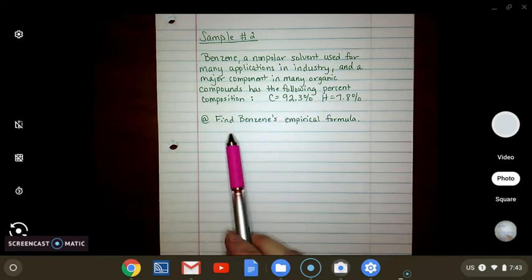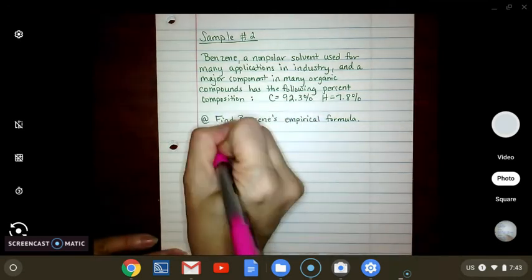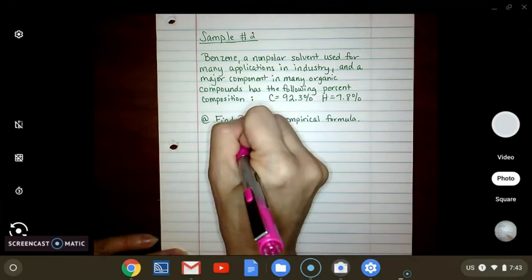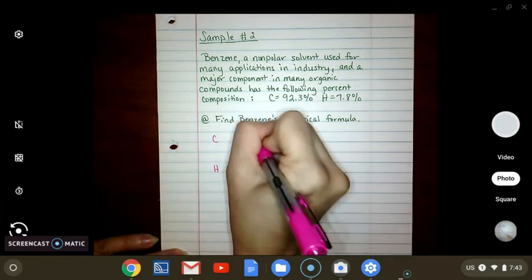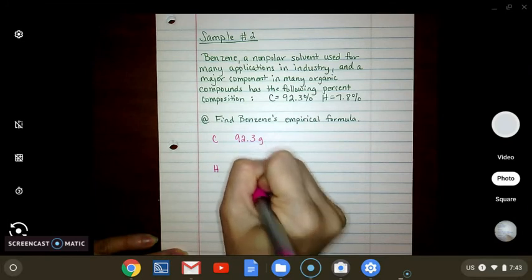You've got two things you've got to do. First, you're going to find benzene's empirical formula. So you've got carbon and you've got hydrogen. Carbon is 92.3 grams. Hydrogen is 7.8 grams.